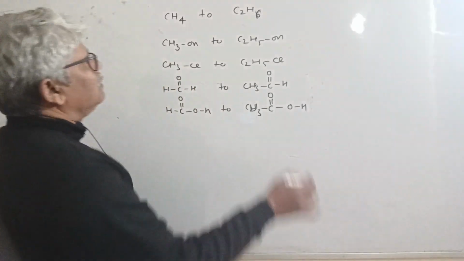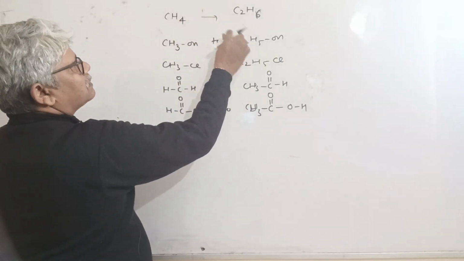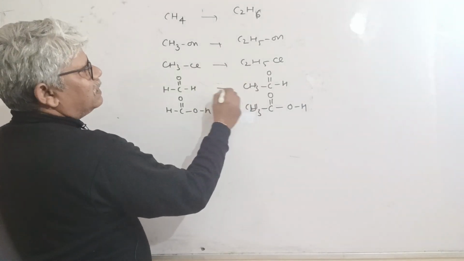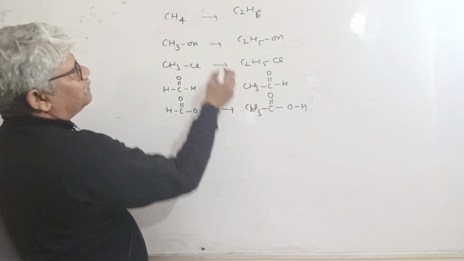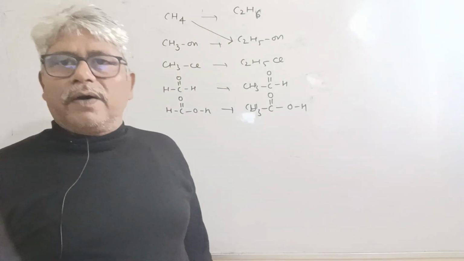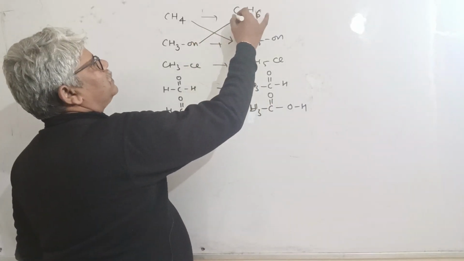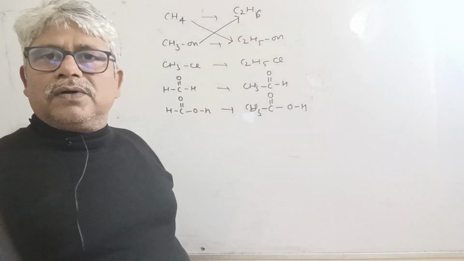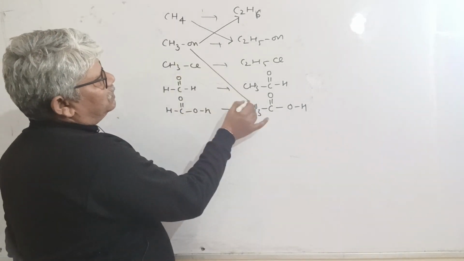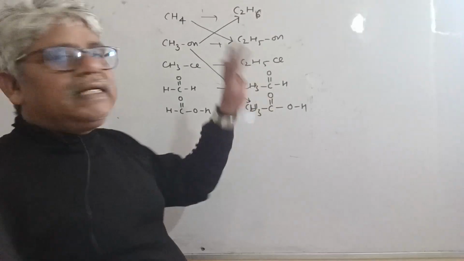For example, we can make it a little complicated in terms of this question: methane to ethanol, or you can convert methanol to ethane, or you might as well say, sir, it is methanol to ethanoic acid. So this is quite interrelated.